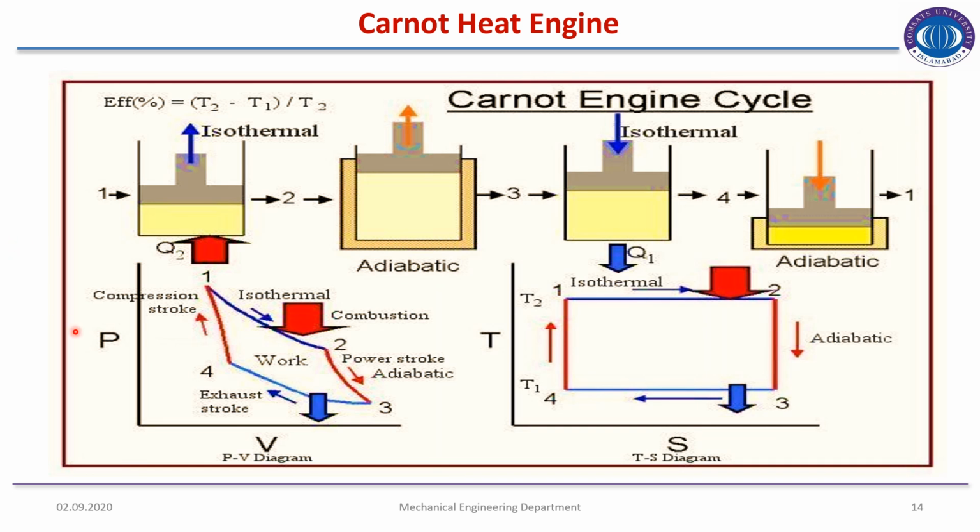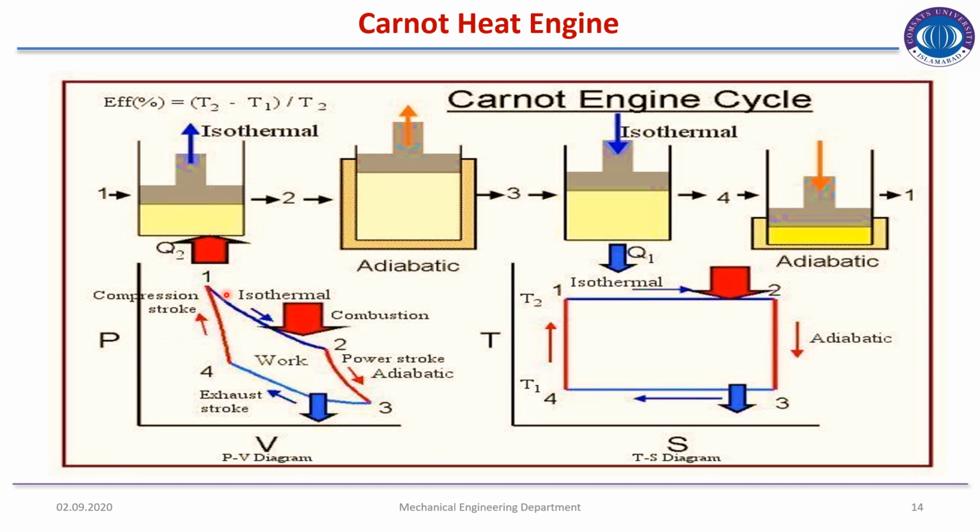Now a comparison of the PV diagram with the TS diagram is shown for Carnot's engine cycle for each state as well. You will see state 1, that is isothermal expansion. Process 1 to 2 is an isothermal expansion, and Q2 amount of heat is added.